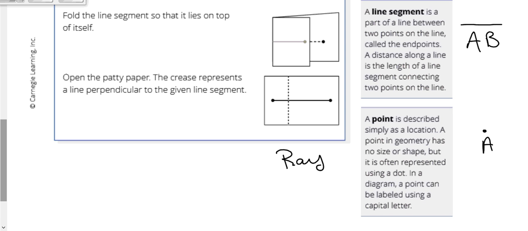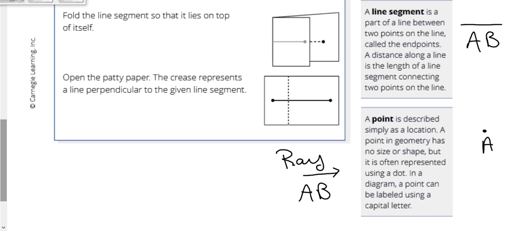A ray is what has one endpoint and then goes off in the opposite direction to infinity, or for an infinite measure. So technically a line is considered two opposite rays from a single endpoint. But the notation for a ray is that.